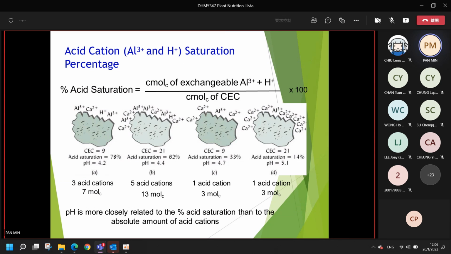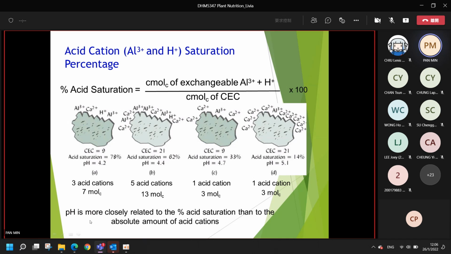And the acid cation saturation percentage, which means the acid saturation, can be calculated from the exchangeable aluminum ion and hydrogen ion over the total cation exchange capacity.